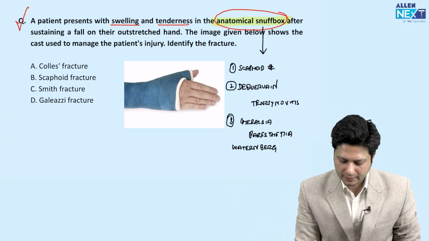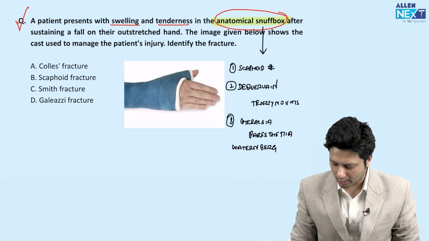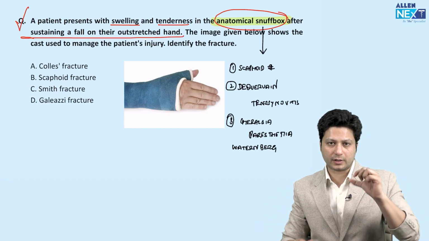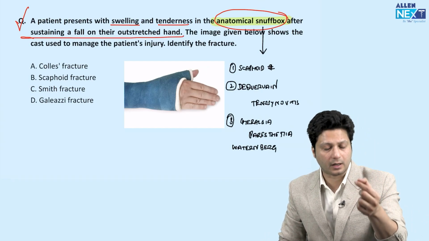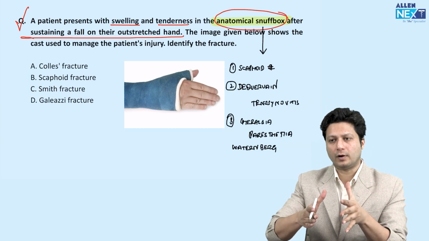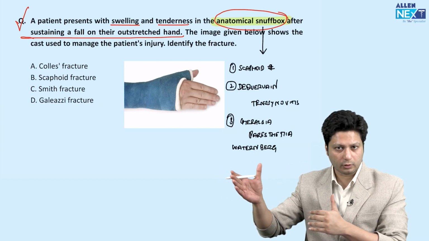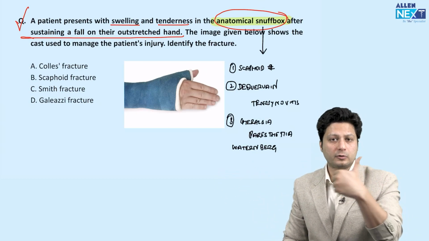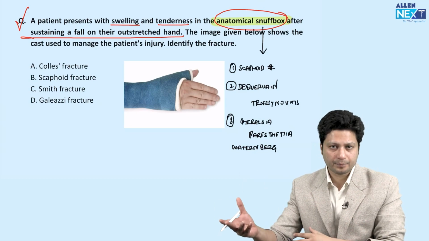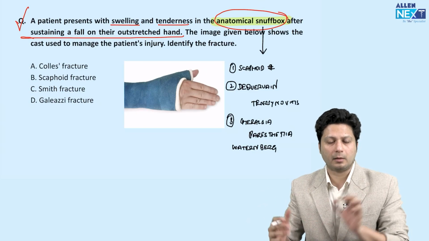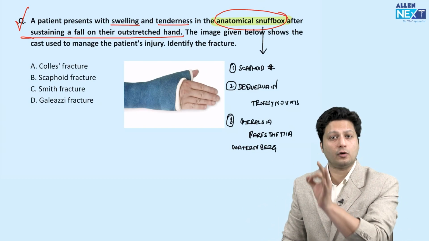Now, after sustaining a fall on an outstretched hand, the moment you get this mechanism of injury for the anatomical snuff box tenderness, the question of de Quervain tenosynovitis is ruled out, because that is a compression of the abductor pollicis longus and extensor pollicis brevis, which is non-traumatic. The second one, cheiralgia paresthetica, could be related to trauma, but it has to be associated with a certain degree of numbness.